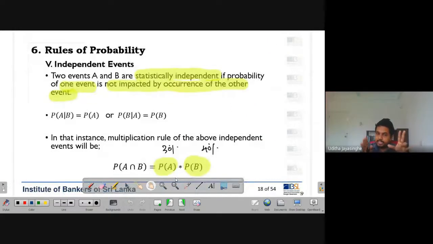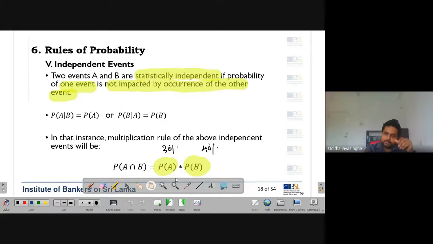Independent events, on the other hand, are the strange animal here. It is merely telling you that one probability is not going to be impacted by the other probability. Something like there's a machine in a factory, uptime 98%, downtime 2%. There's another machine in the other department, uptime 90%, downtime 10%.